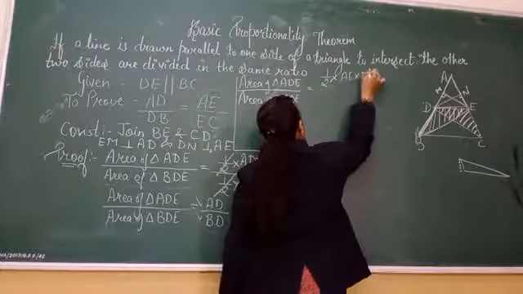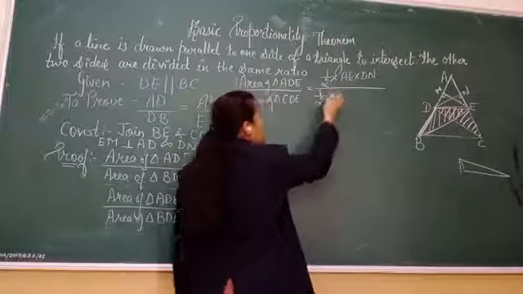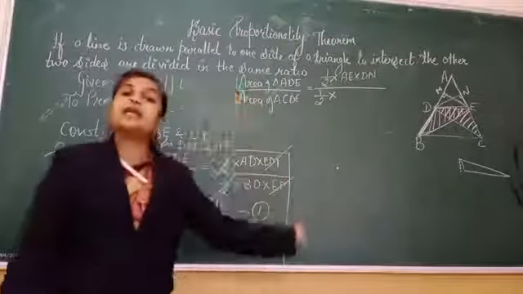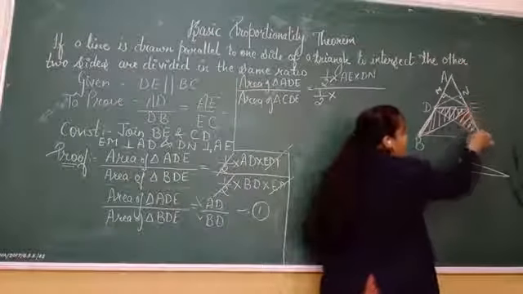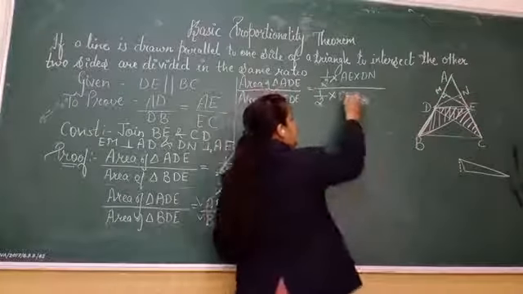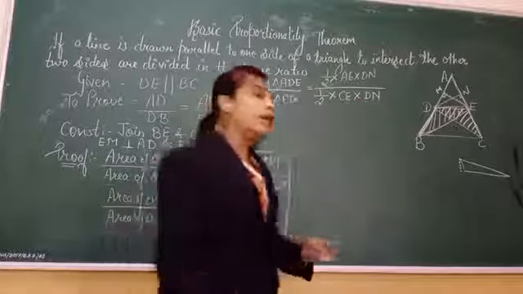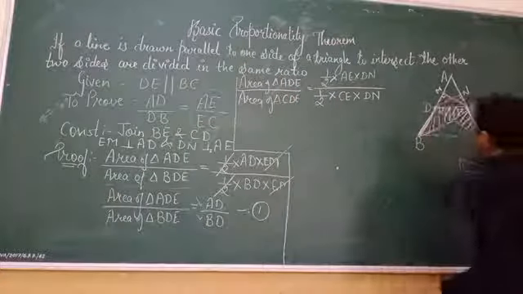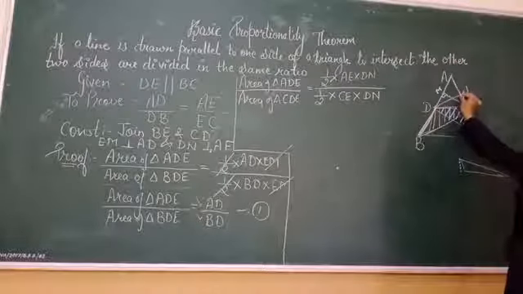So this will become 1/2 into AE into DN, upon again 1/2 into base into height. What is the base? For the second triangle we can take base as CE, into height again DN. Same way for CE, the length which is perpendicular to the base.